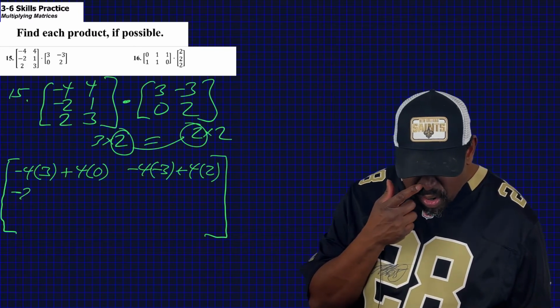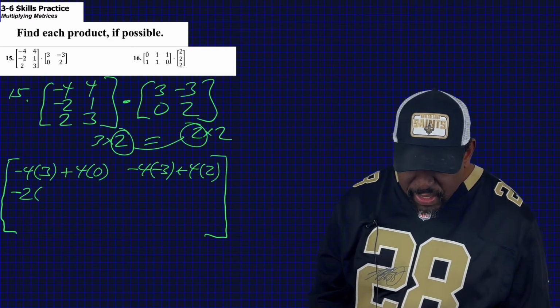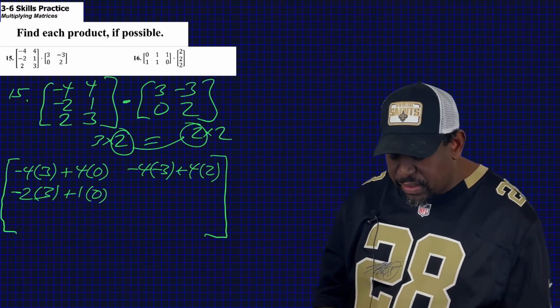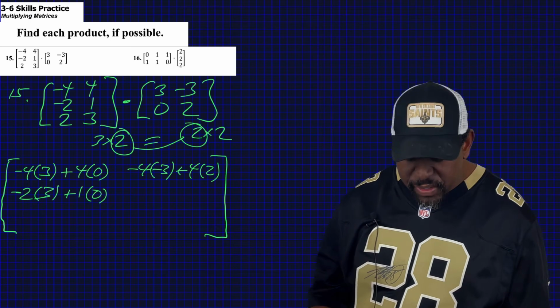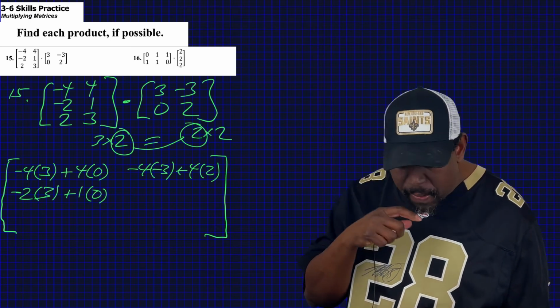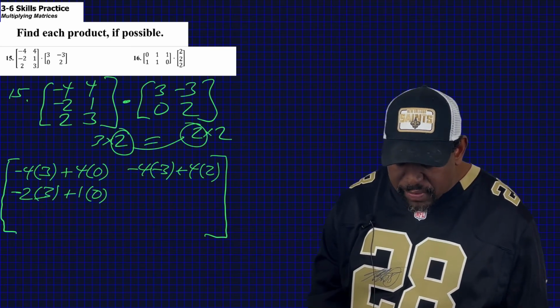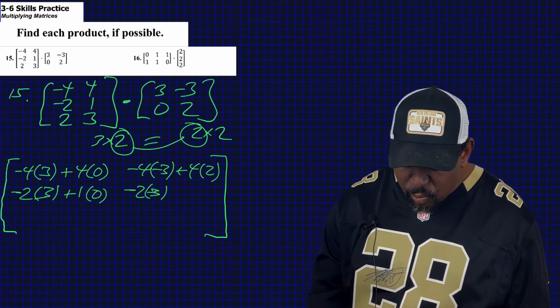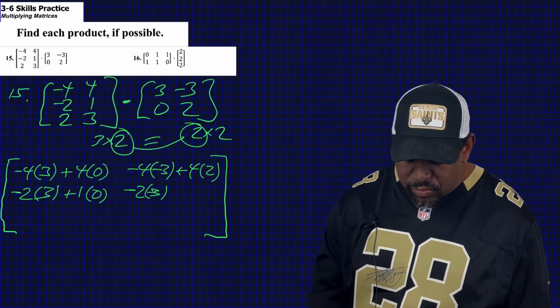Our second row, first column will be -2 times 3 plus 1 times 0. And you'll see a pattern by the time we finish. Let's see if you can see the pattern. And the next term obviously will be -2 times -3 plus 1 times 2.